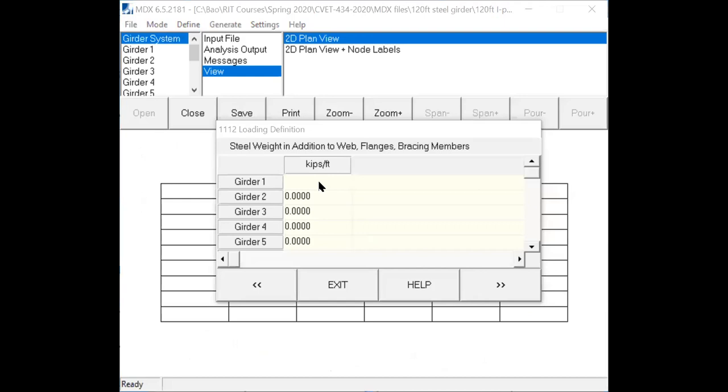Just put right here, girder 1 is 0.036 and girder 2 is 0.072. Okay, 0.036 for the exterior girder, and go to next.